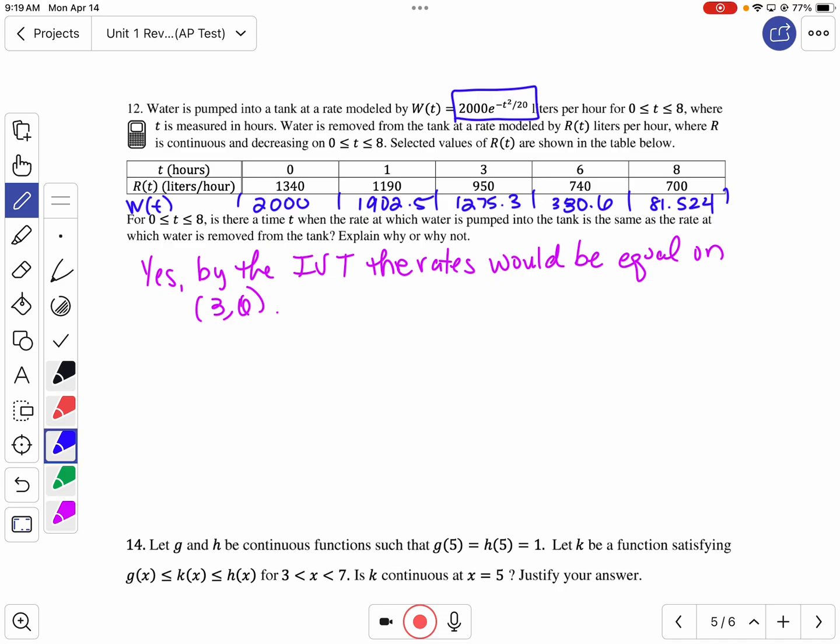All right. Another thing that we could have done is we're trying to see, is there a place where R(t) minus W(t) is equal to 0, or W(t) minus R(t) is equal to 0.